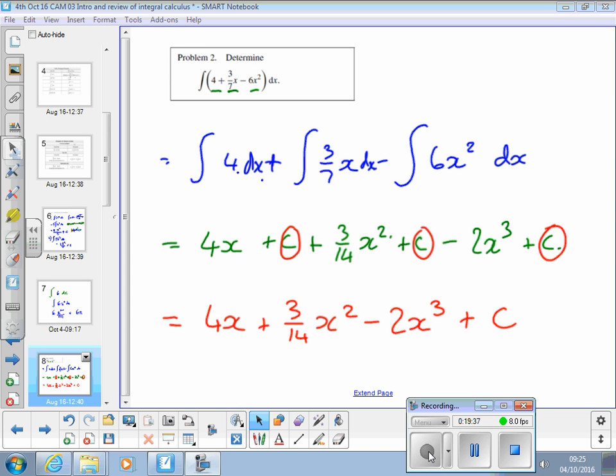Yes, the constant would disappear, this would become 6 over 14, which is the same as 3 over 7, and that becomes x to the power 1, which is x, and this would become 3 times 2 is minus 6, and x to the 2.